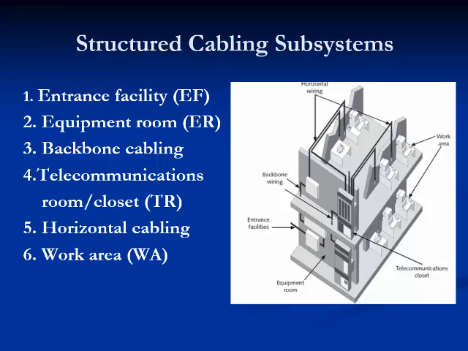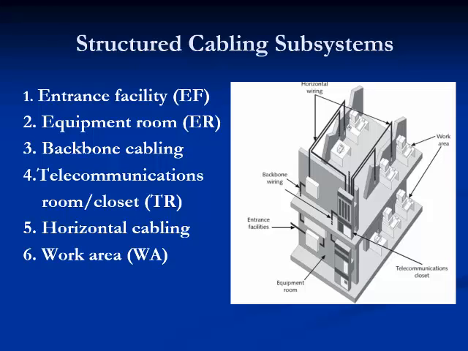Backbone cabling is the distribution that provides interconnection between telecommunication rooms, equipment rooms, and entrance facilities. It consists of both intra-building, which means inside a building, and inter-building, which is between buildings, specifically on a campus.